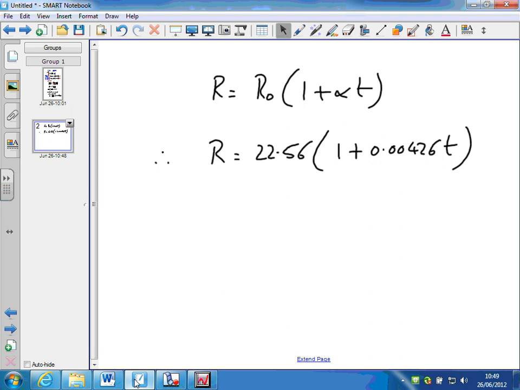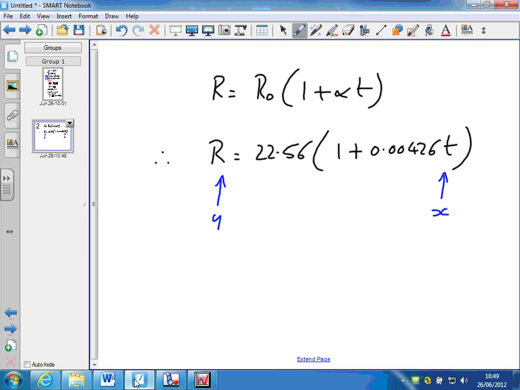We want to find out how the resistance varies with the temperature. So temperature, we're going to let that be the independent variable, so that's going to go on the x-axis, and we're going to see what the resistance is as the temperature changes, so that's going to go on the y-axis.